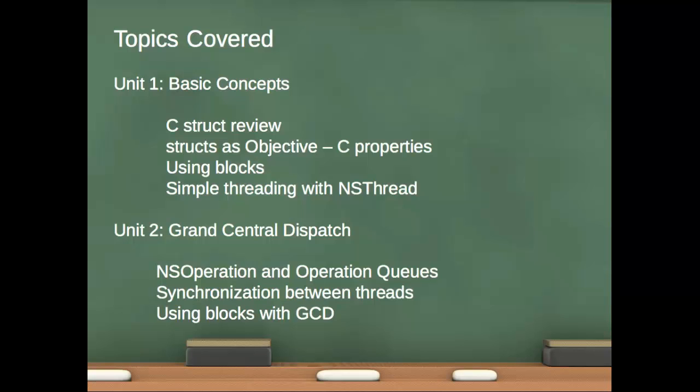We'll talk about simple threading using a class called NSThread. So Unit 1 is all about some basic concepts that we need to cover before we jump into the other topics in the course. Unit 2 talks about one big threading technology called Grand Central Dispatch.